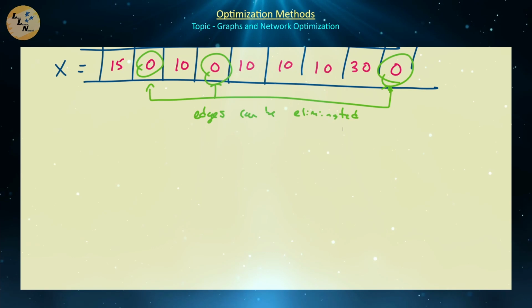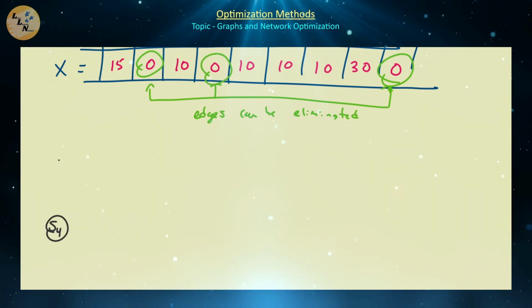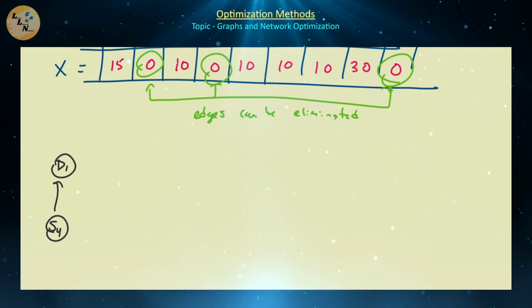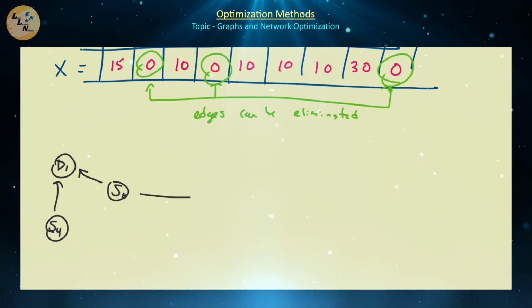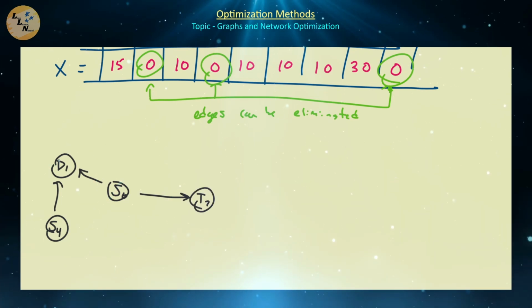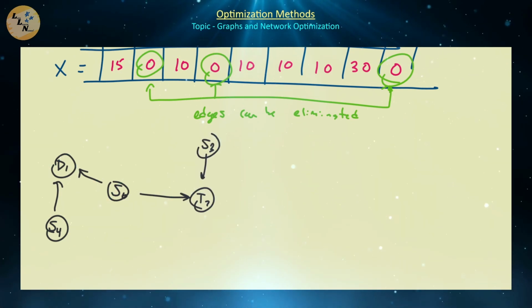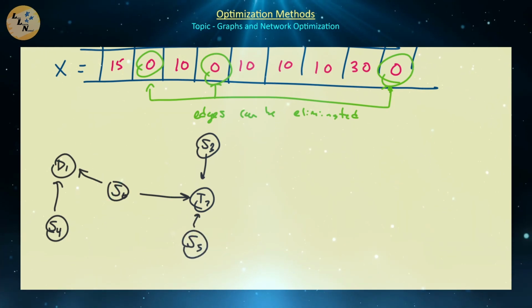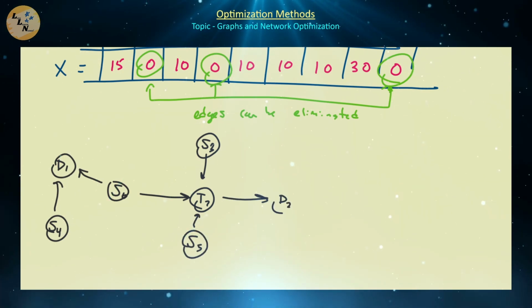So if you look at the eliminated routes, we're just going to be left with S4 to D1, S6 to D1, S6 to our transfer node, S3 to T7, S5 to T7, and T7 to D2.